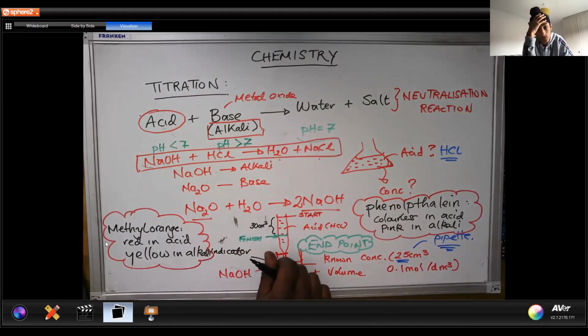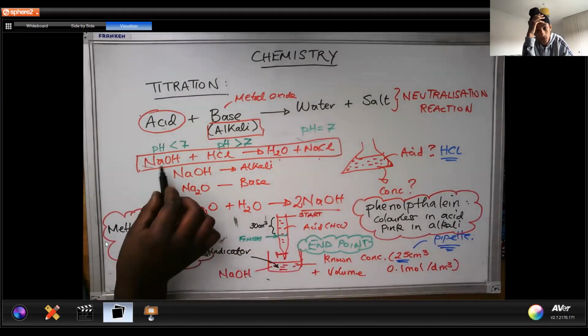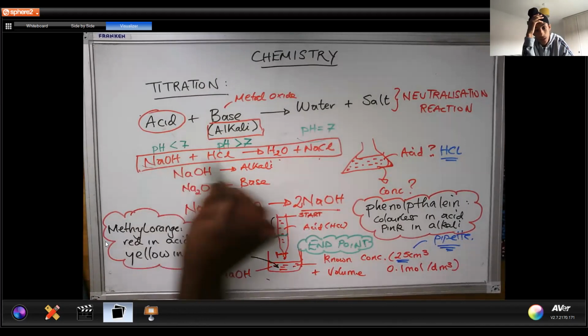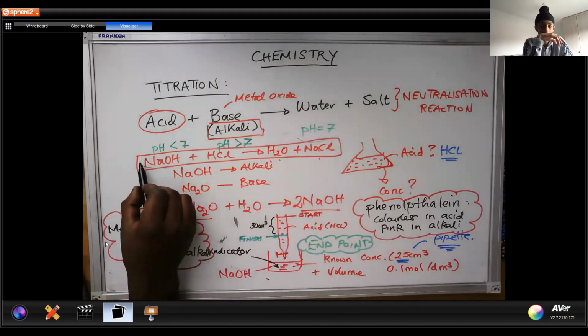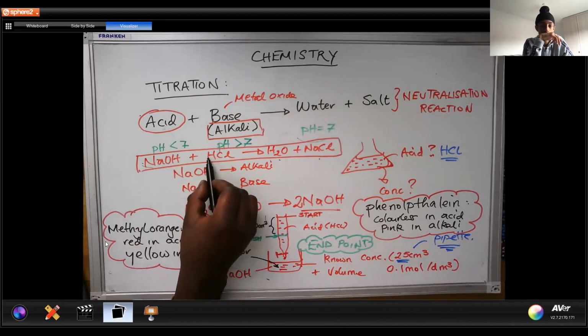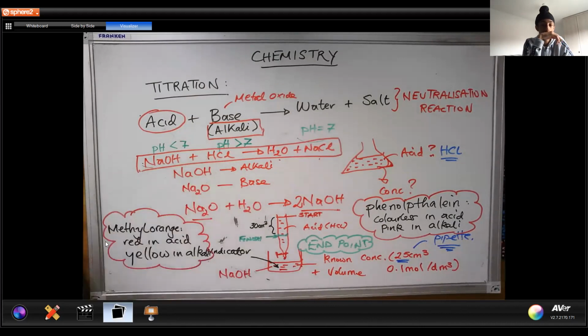I closed my burette, and I know the volume I've used is 30 centimeter cubed. Now I go to my formula, and I look at the ratio of moles. This equation is balanced. You can see that 1 mole of sodium hydroxide reacts with 1 mole of HCl.